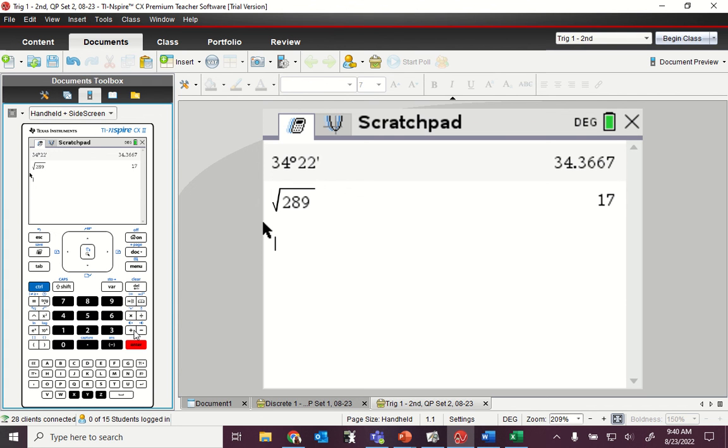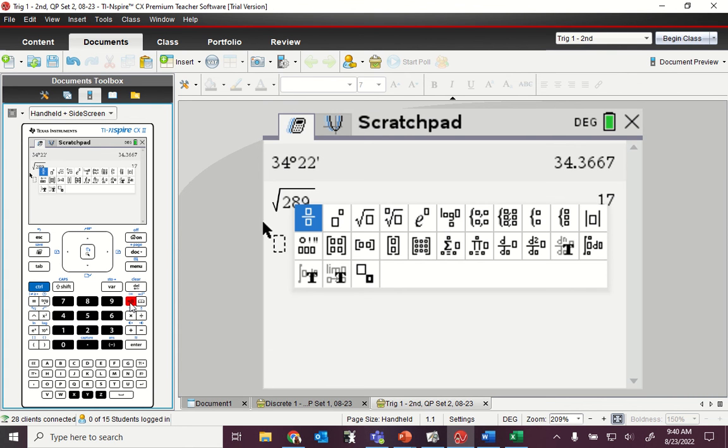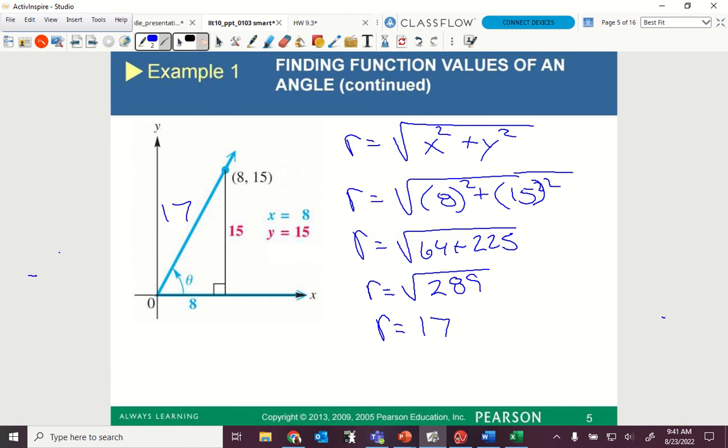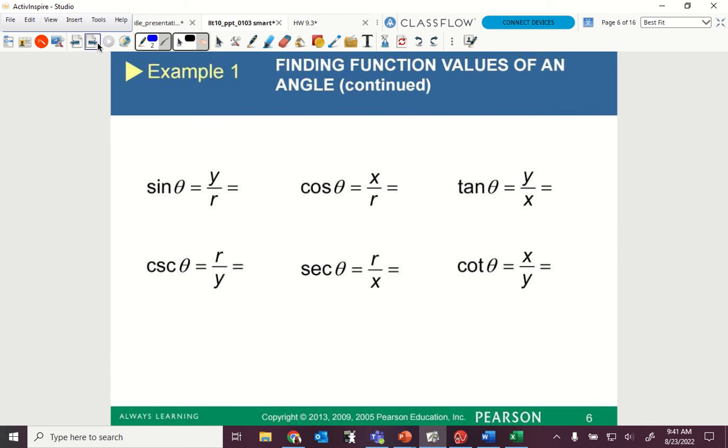Now, there's also this thing up here. If you notice right here next to the book, that's a bunch of the different things you could use also. So if you get lost and don't know where it is, there's the book, and the one to the left of the book has all the different setups. So like cube root, you would use this one. So, there we go. We get that as 17. So now it's asking for the 6.